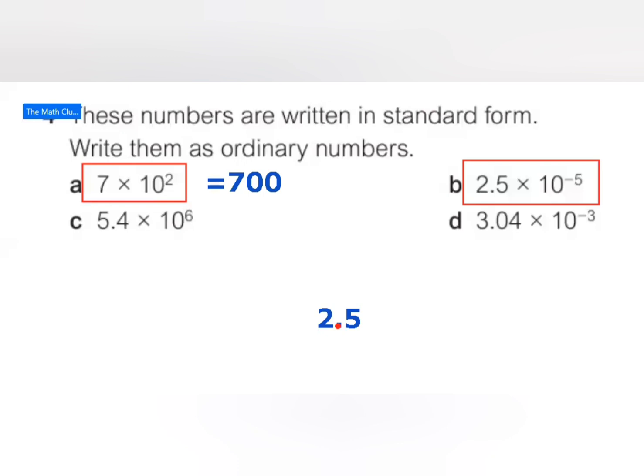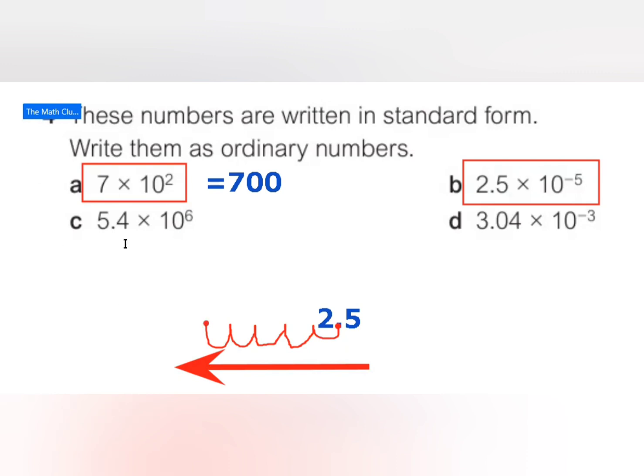So we're going to move the decimal point this side because the power is negative. Now let's move it like this. So 5 times: 1, 2, 3, 4, 5. So we move the decimal point 5 times and we put it here. Now remember this.